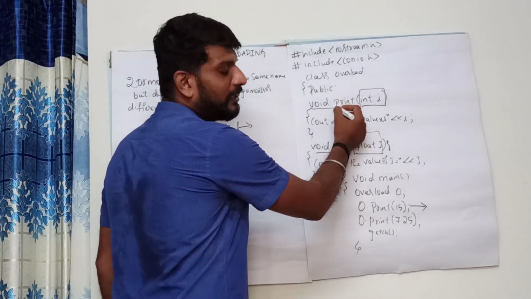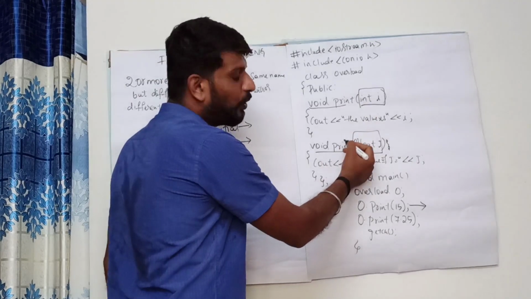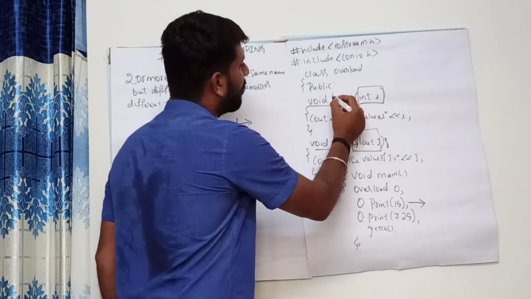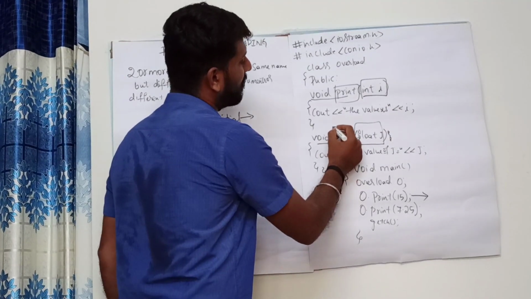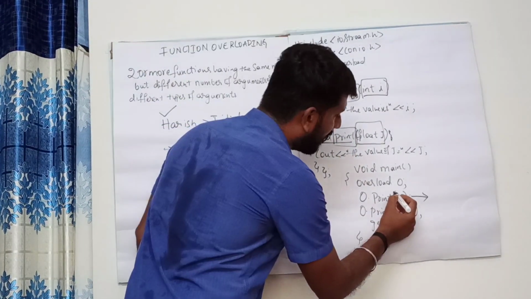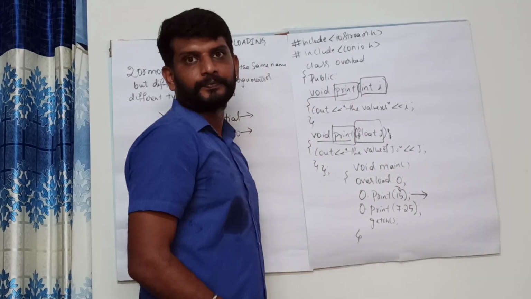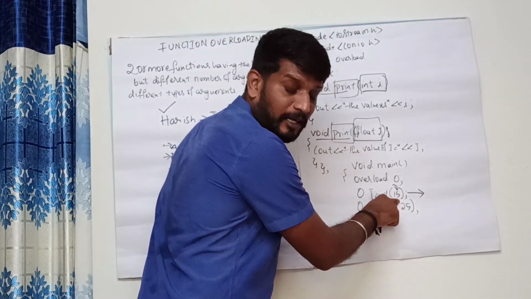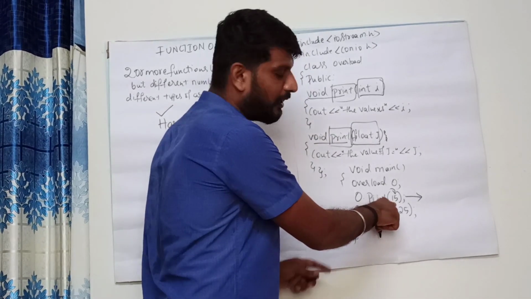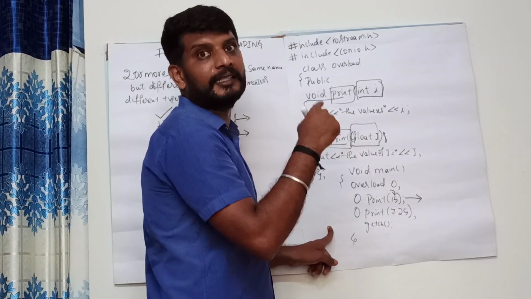What it does, it will check. Here, there are two different functions, because print is the name of the function. Here also have the function as print, here also have the function as print. Now, it will check for the argument. The value of the argument is 15. 15 is an integer variable.